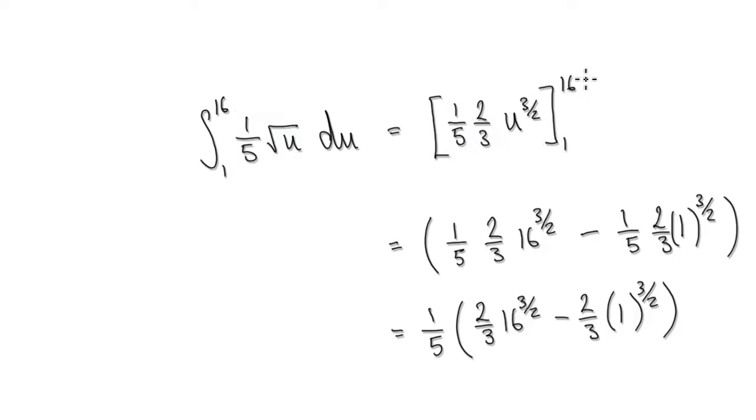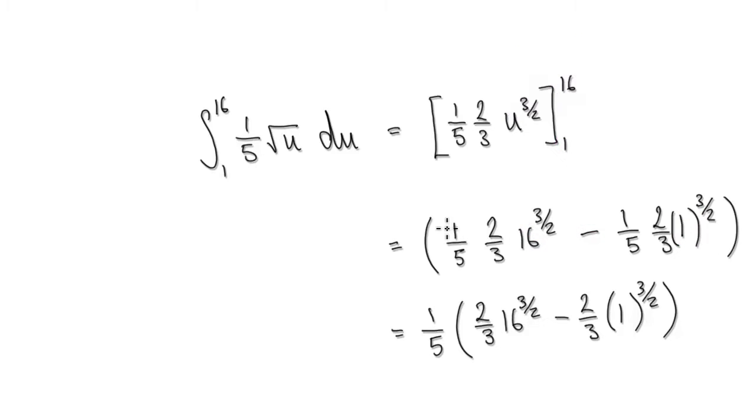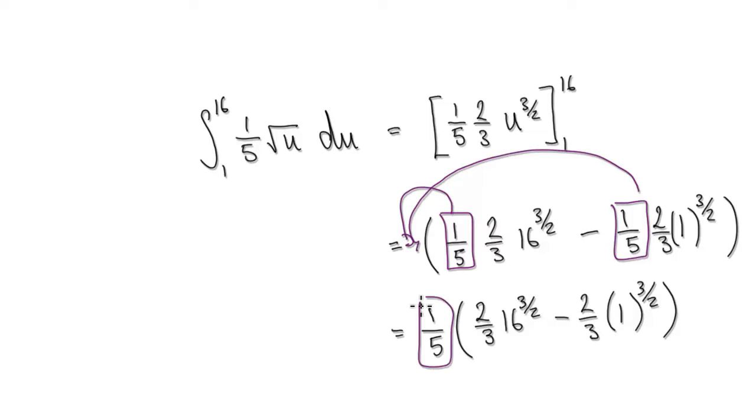Now you put 16 into here, take away, and then put 1 into here. That gives you this. Now notice this block here, 1 over 5, 1 over 5. You can actually factor out the 1 over 5, so that gives you this.